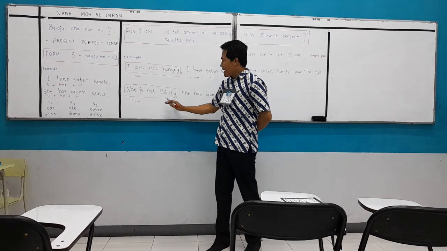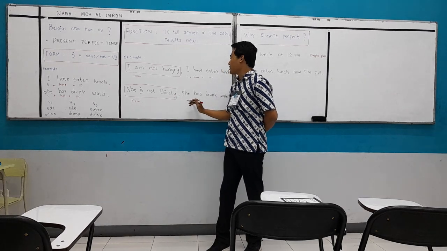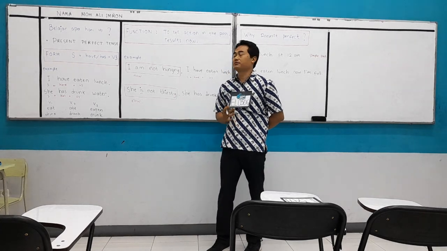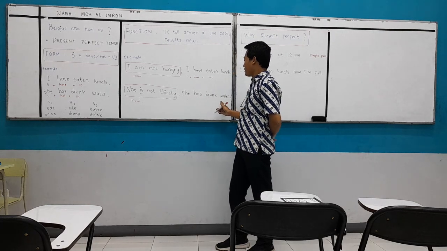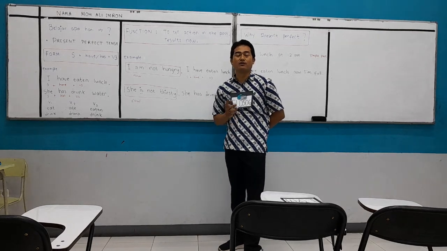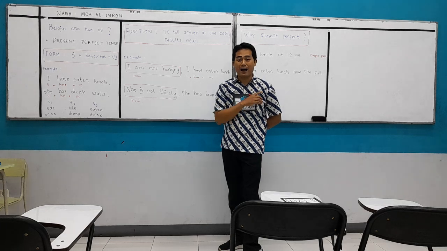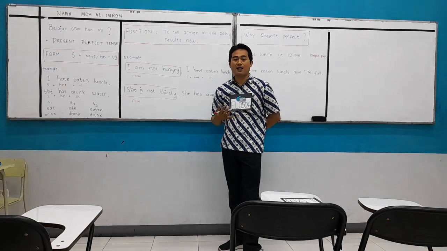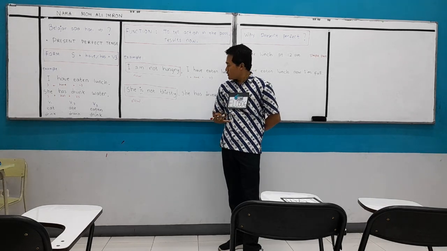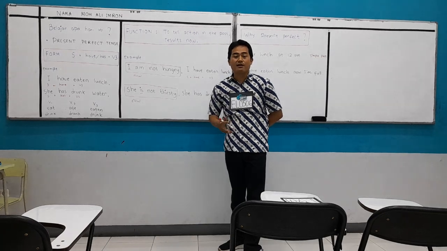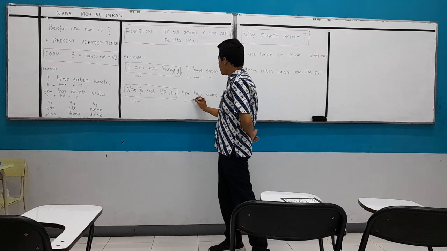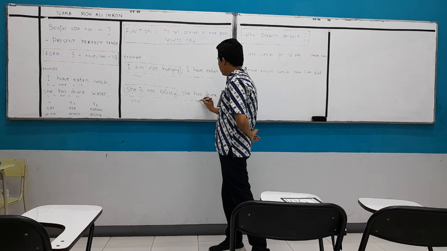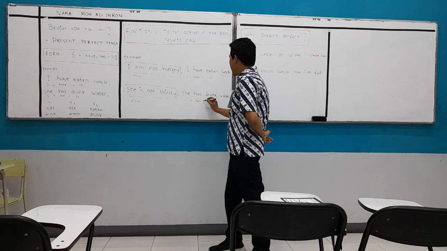Why does this condition happen? Because another condition happened: she has drunk water. The activity of drinking water happened in the past, but the result, she is not thirsty, is felt until now. Because the subject is she, we use has here.